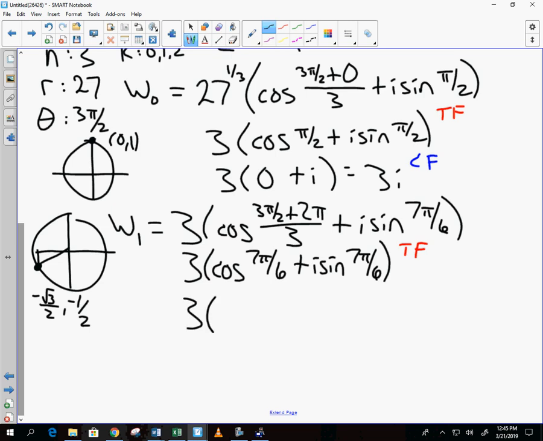So 3 times negative root of 3 over 2 minus i over 2. I have negative 3 roots of 3 over 2 minus 3i over 2. Yeah? That's complex form.